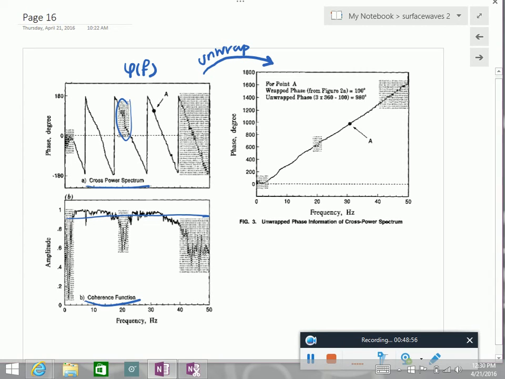Because the two sensors are not far from each other, and the signal which goes from here goes here. So if there is no noise, they should be coherent. If the coherence function is dropping, that means that the data is bad. There is some noise at that certain frequency.